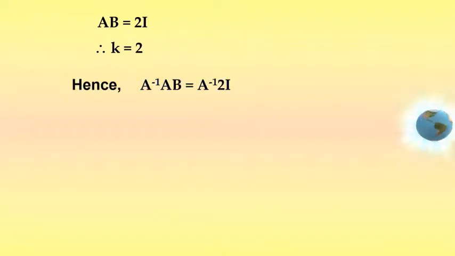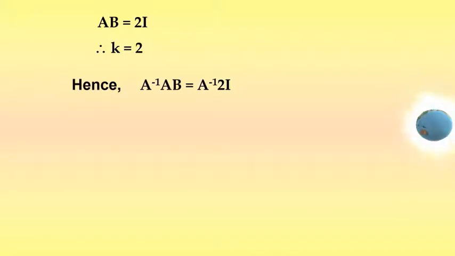Hence, in order to find the inverse, we have to use this result. We cannot use the adjoint method here, but we use these properties, by multiplying A inverse on both sides, because we want to find A inverse.